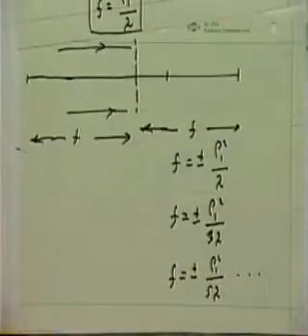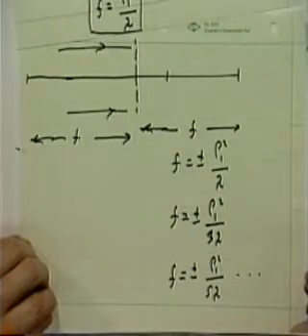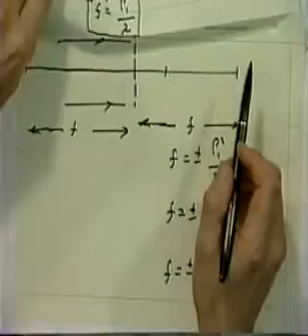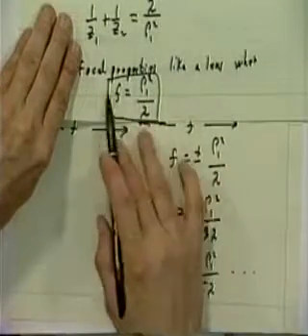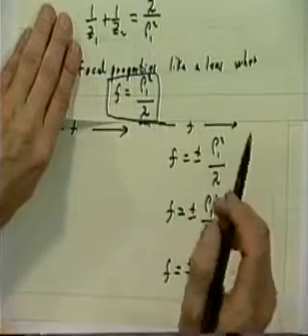Instead of rho 1? No. This should still be rho 1 here. I mean, what we're saying is that you understand how we got to here for the focal length. So the zone plate has this focal length.